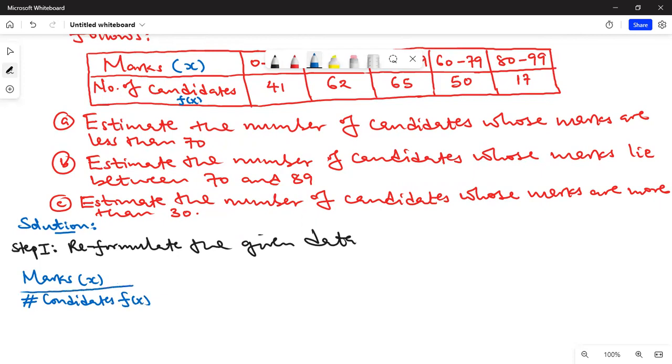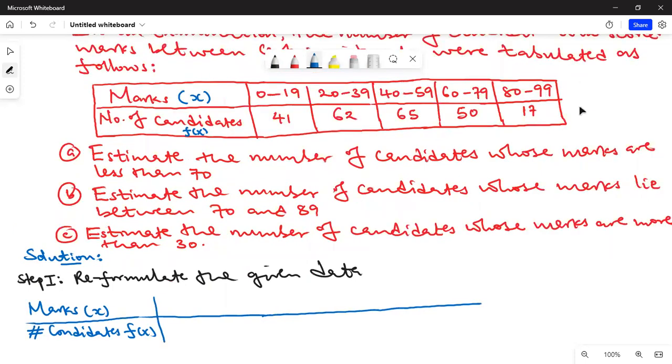So how do we get rid of the interval in the given marks? Look at those intervals. From 0 to 19, how many candidates scored marks between 0 and 19? They are 41. It means those who scored marks below 20 are 41. Now the interval from 20 to 39 means that those who scored marks between 20 and 39 are 62.